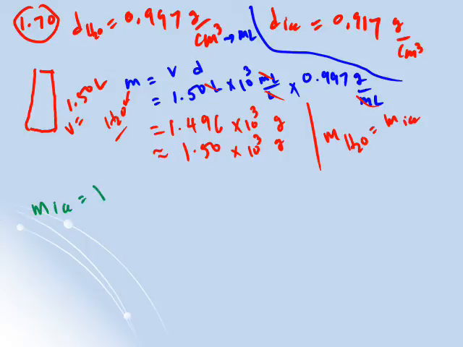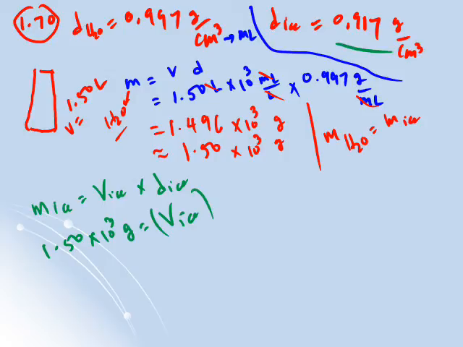Now mass of ice equals volume of ice times density of ice. Mass of ice we already know is 1.50 times 10 cubed gram. Volume of ice is what we need to find out, so let's write down V. Density of ice they have given, 0.917 gram per centimeter cubed, or let's write it as gram per ml. Okay, now it's simple algebra.